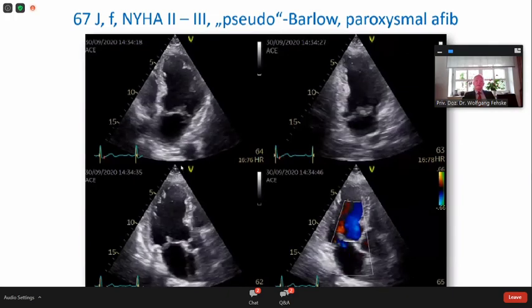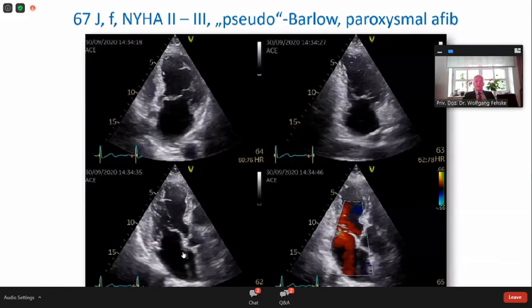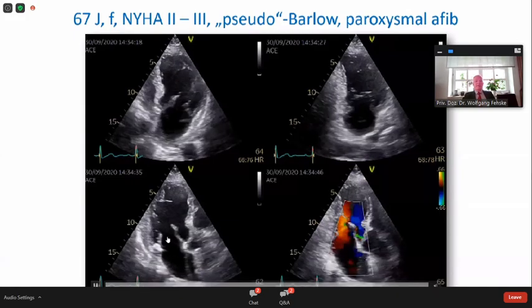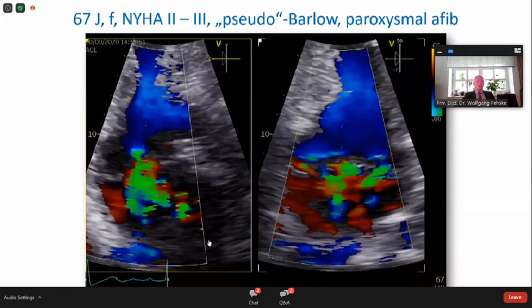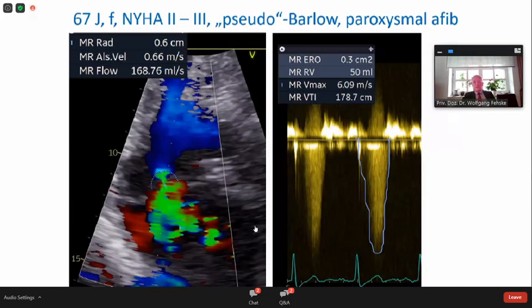What we can see here is a typical example of a pseudo-prolapse, pseudo-Barlow with paroxysmal atrial fibrillation. You see end systolic severe regurgitation, but how do you want to quantify that? This is very difficult to quantify. What is the argument for taking PISA or vena contracta or regurgitant flow via these methods if it is not continuously regurgitant over the whole cycle?